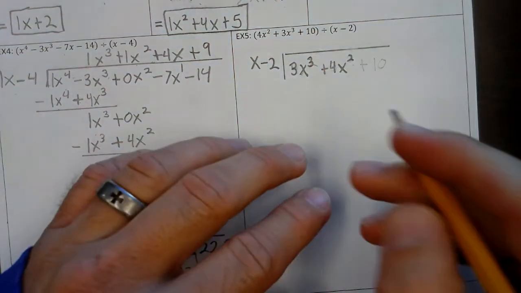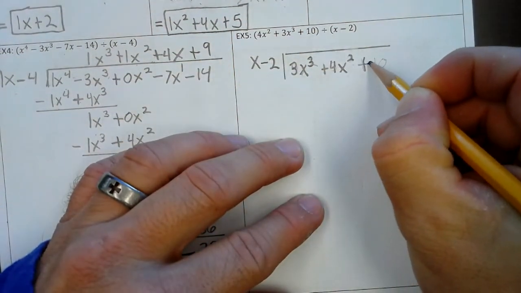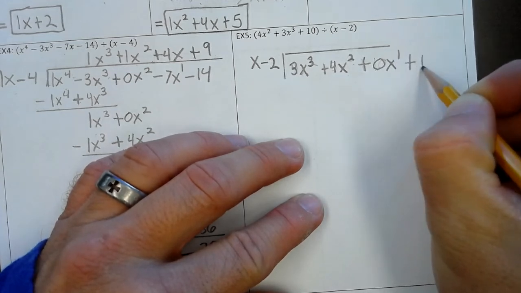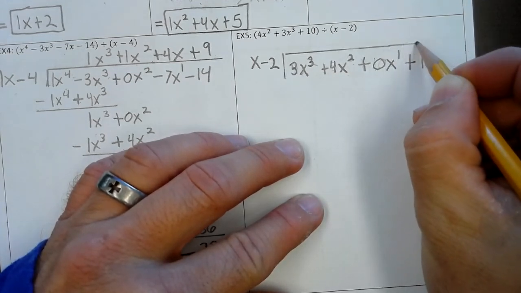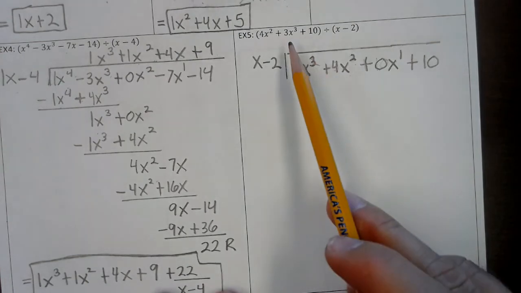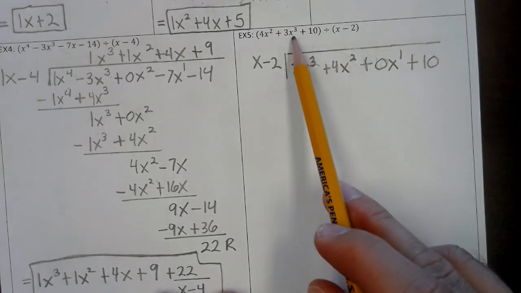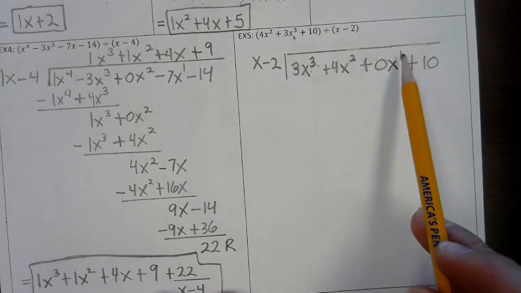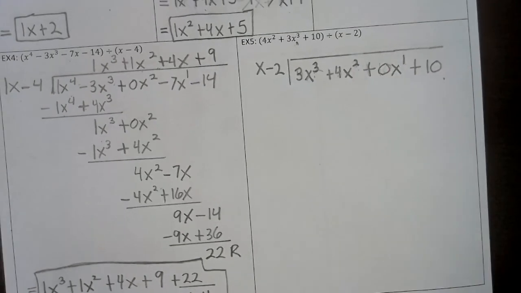It has to go 3, 2, 1. You're missing the plus 0x to the first power, then plus 10. Okay, and so that's important to note that this was written so it wasn't from greatest to least. So greatest to least, and you have to have every exponent 3, 2, 1, and then constant. Okay, now that's in the right order.